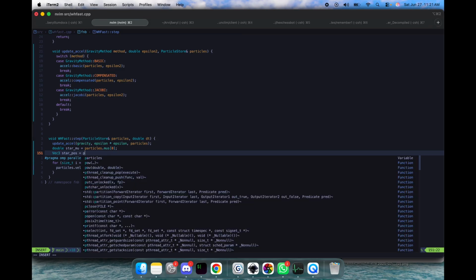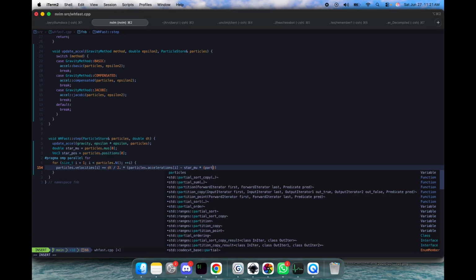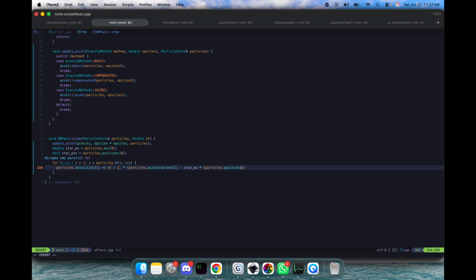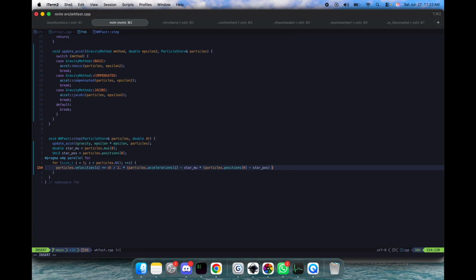That's particles dot positions index 0 minus star pos, and then this is all divided by particles dot star pos, particles dot vec3 d pos.